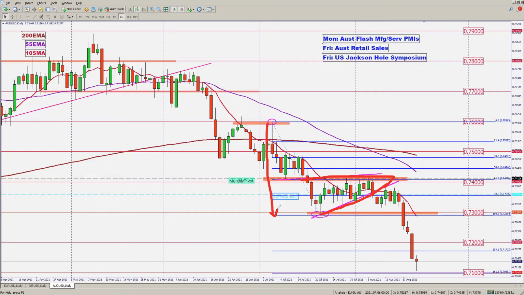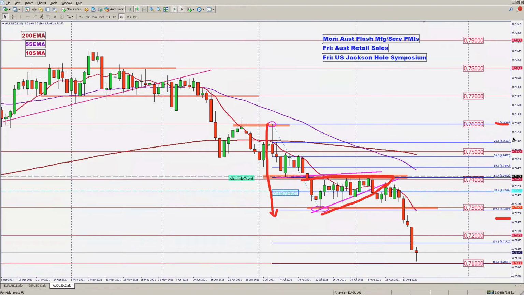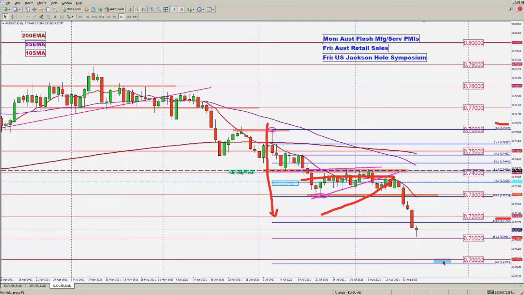And the target will be the height of this flagpole, which is basically double this 100 FIB. So that's going to be at the 200 FIB. So that's why this is right at the key support zone near the 70.00. So potentially that could be a target.